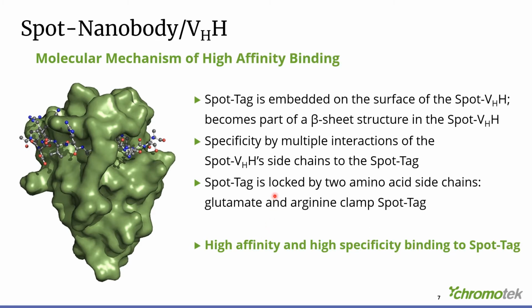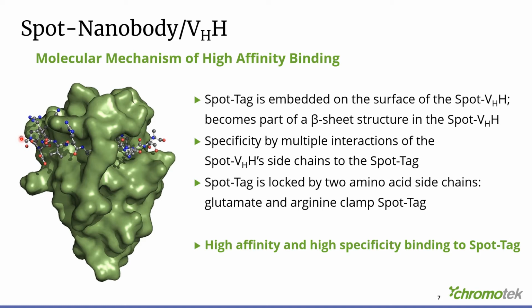So what is the molecular mechanism of this high affinity binding? The Spot-Tag, as you can see here, is embedded on the surface of the Spot-Nanobody, which is this green surface that you can see here. The Spot-Tag becomes part of the beta sheet structure of the Spot-Nanobody. The specificity is achieved by multiple interactions of the Spot-Nanobody's side chains to the Spot-Tag, here in this cleft.